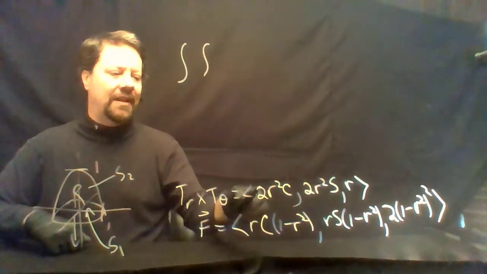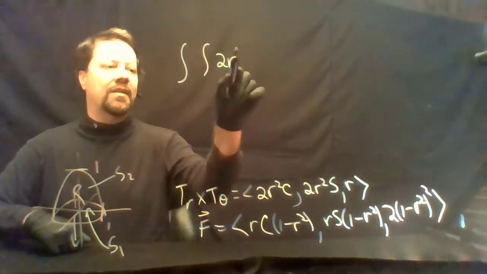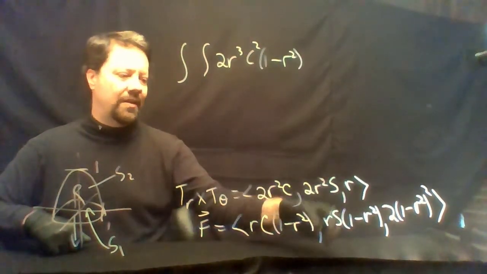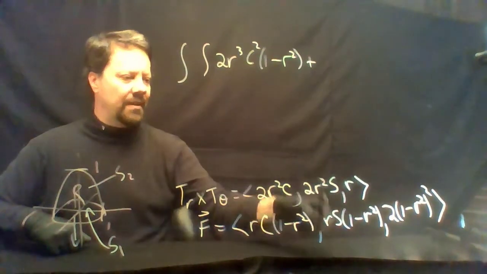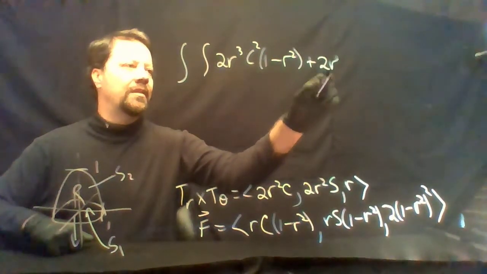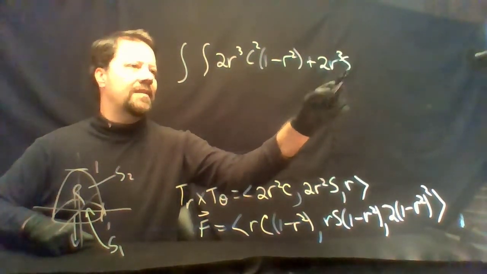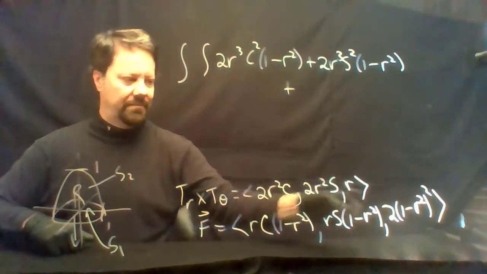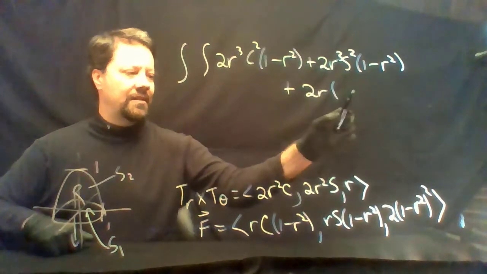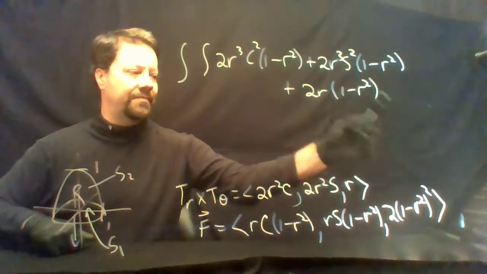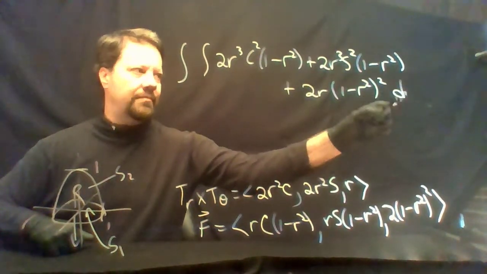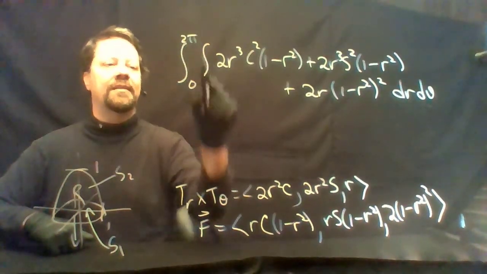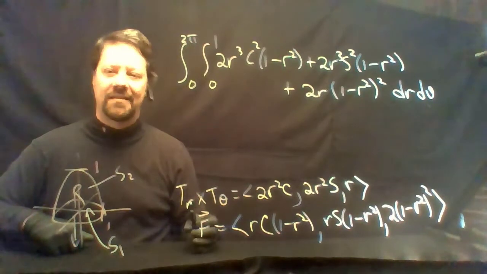Finding the dot product, we'll have 2r cubed cosine squared times 1 minus r squared plus 2r cubed sine squared times 1 minus r squared plus 2r times 1 minus r squared squared, dr d theta, where theta goes from 0 to 2 pi and r goes from 0 to 1.